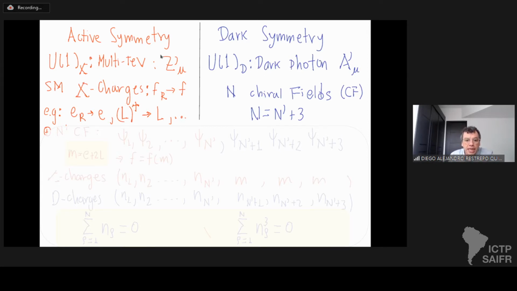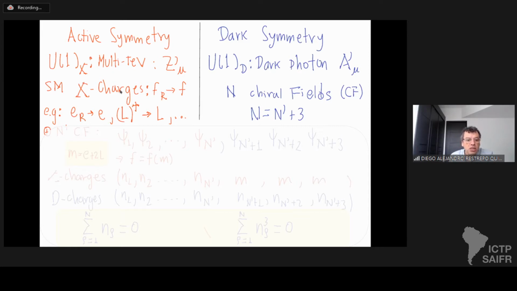So the idea is to have these two kinds of symmetries, but extended with extra chiral fields. In the case of the dark symmetry, in addition to the neutral standard model particles, we will include n chiral fields, such that there are no vector-like pairs in the set.